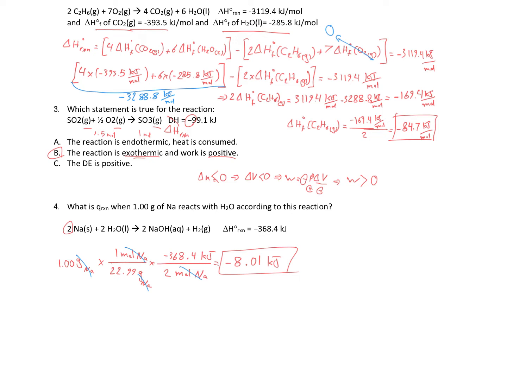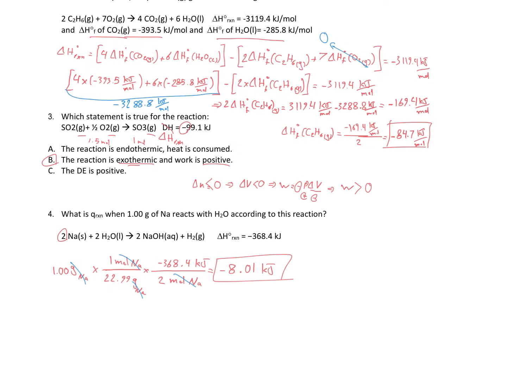So A is wrong because it's not endothermic, and heat is not consumed. No, heat was released. Delta E, and this D again should be delta E, is positive. If you remember, delta E was Q plus W, right? We know the Q is negative and W is positive.